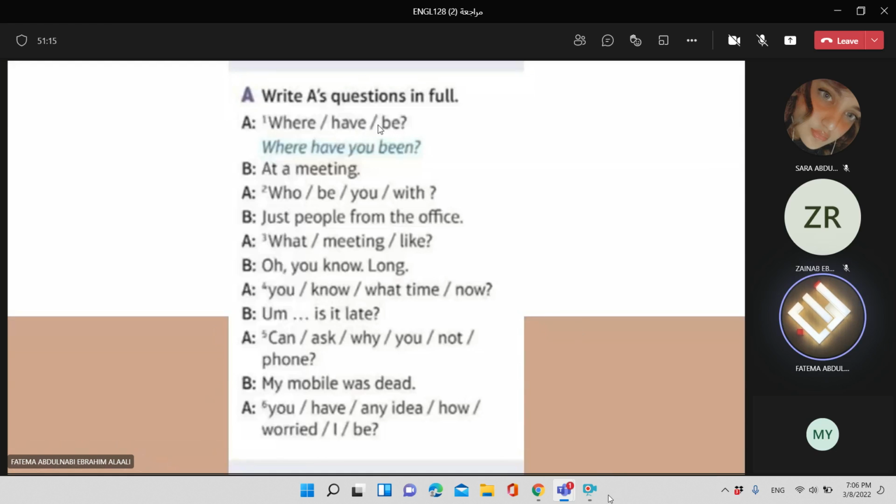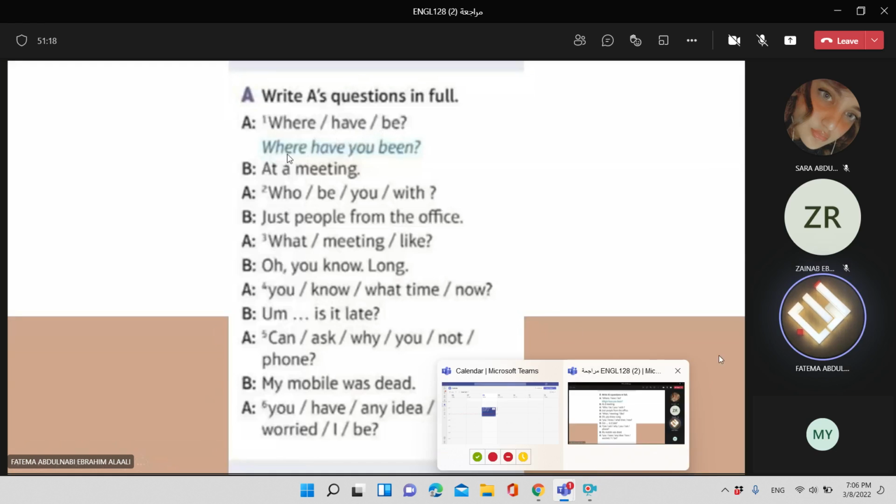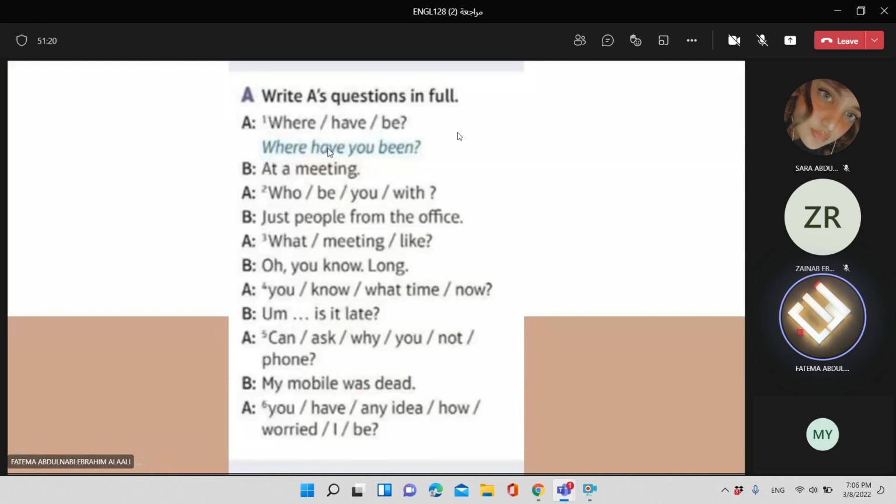So be بتكون شنو؟ been. So where have نحط ال helping verb أول بعدين ال subject مع have نستخدم شنو؟ you أو they أو I فأغلب شنو إحنا بنستخدم you. Then ال verb in the past participle. So where have you been? The answer is at a meeting.